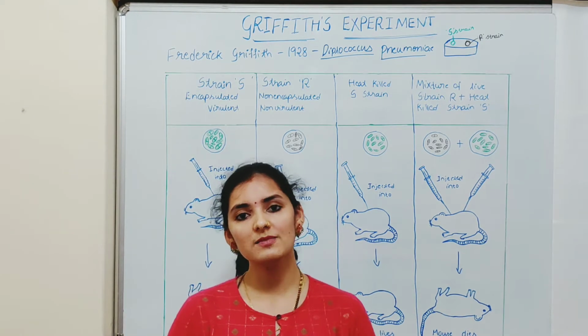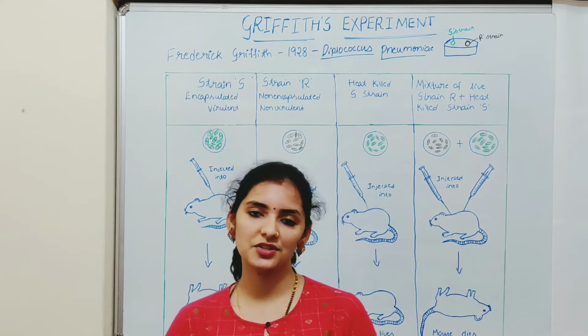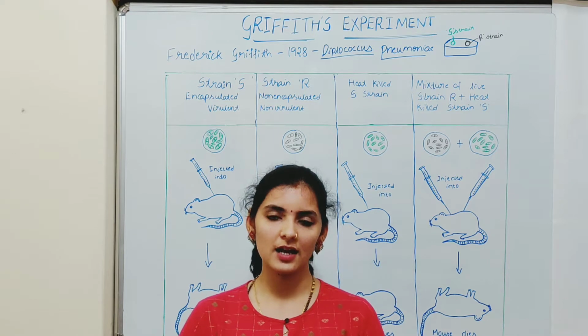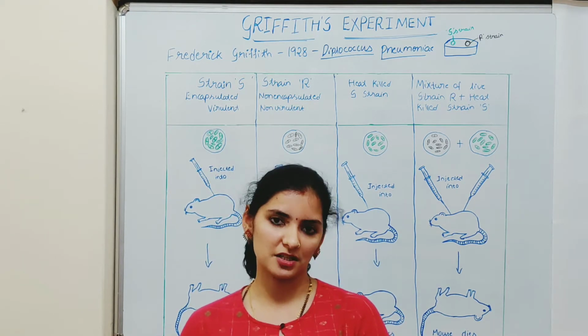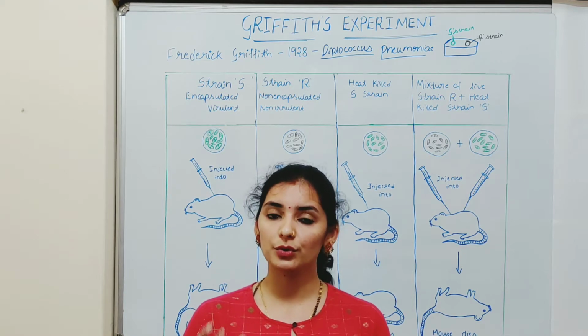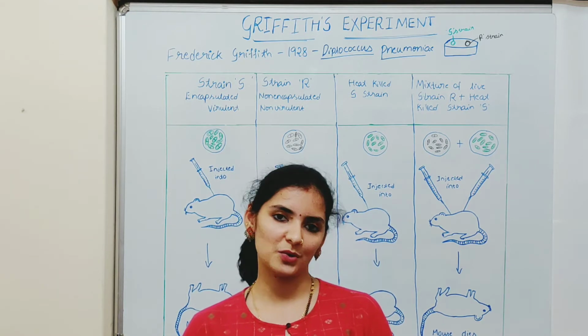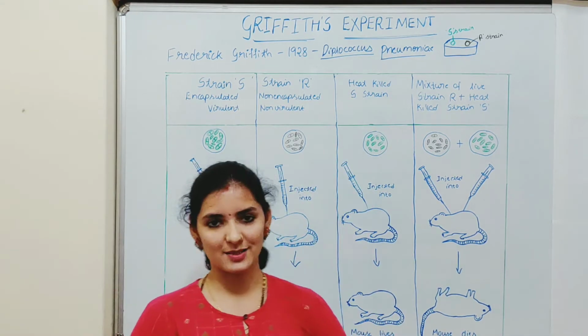To solve this mystery, many biologists conducted different experiments and finally concluded that DNA is the genetic material. Out of those experiments, today I am going to explain the Griffith experiment.